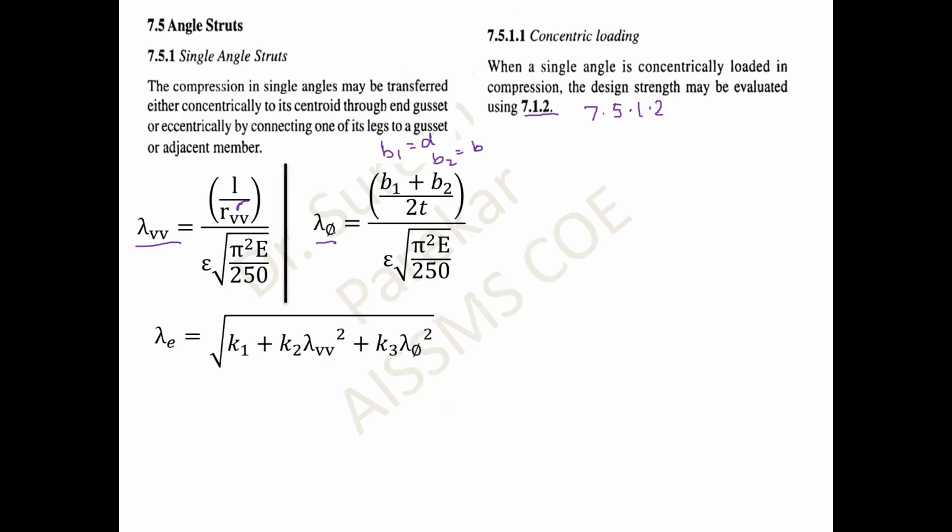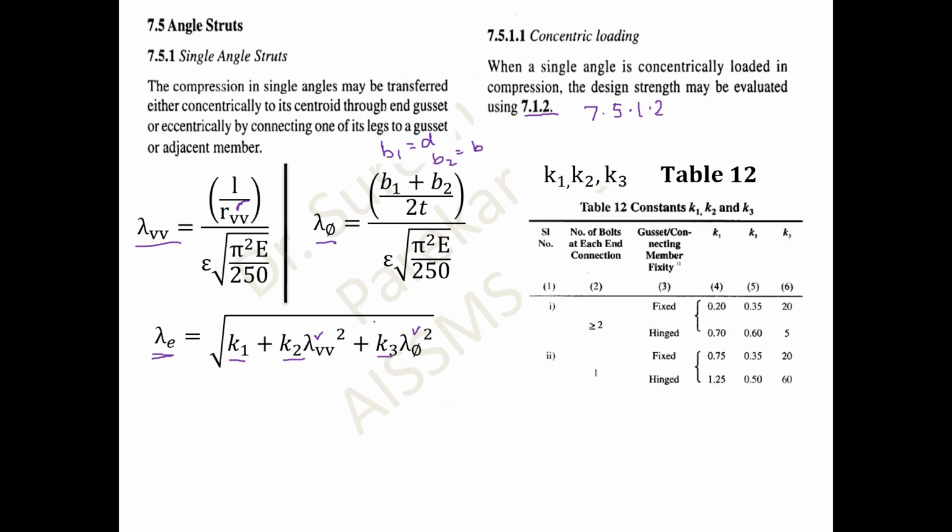Knowing these two values, I have to find lambda E, which is the effective slenderness ratio. And for this, I require the values of K1, K2 and K3, because now I know lambda VV, I know lambda phi. So K1, K2, K3 we have to find from Table 12, which depends upon your number of bolts.